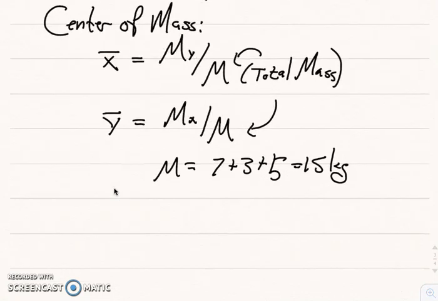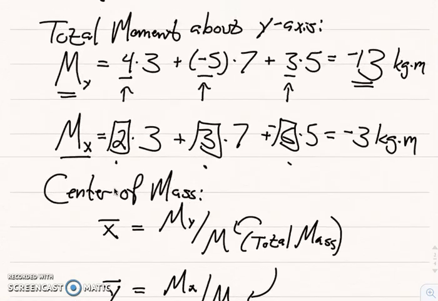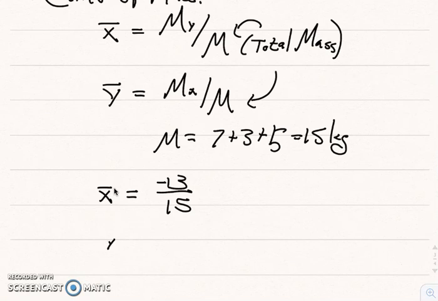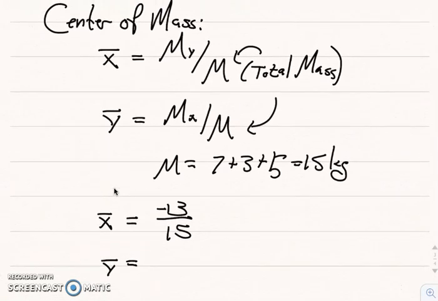And so we obtain for our x center of mass, x bar, the y moment, which is -13, divided by 15. And for the y center of mass, we need the x moment, which is -3, divided by 15.